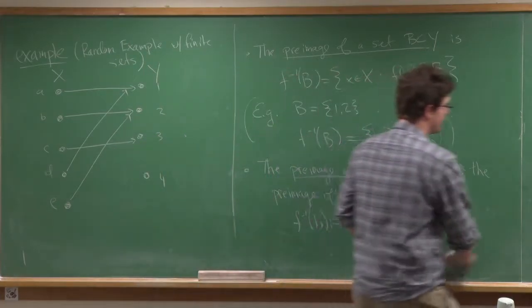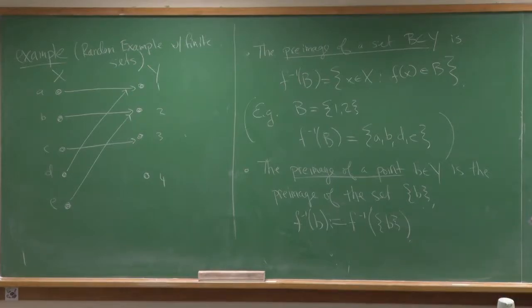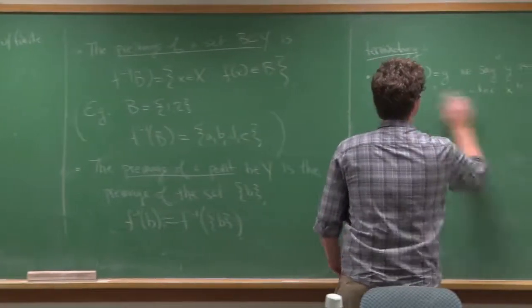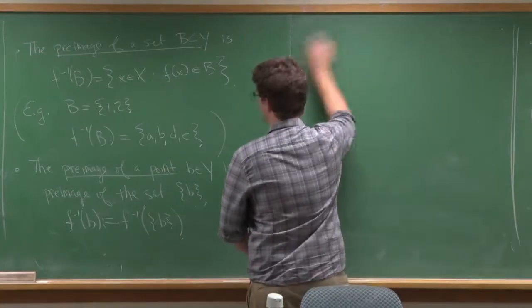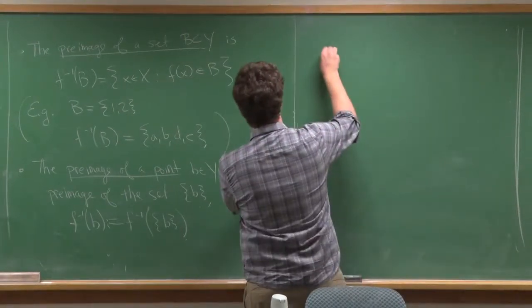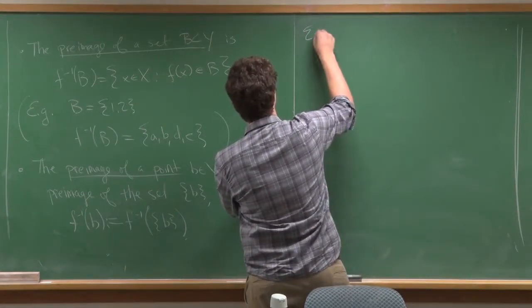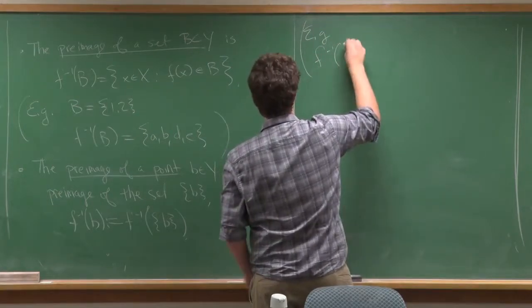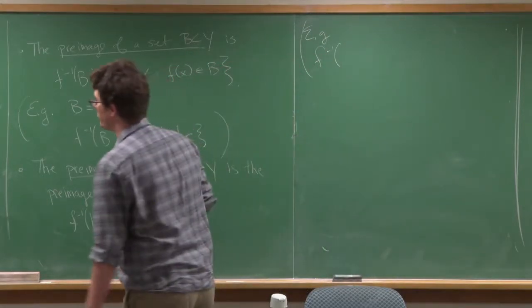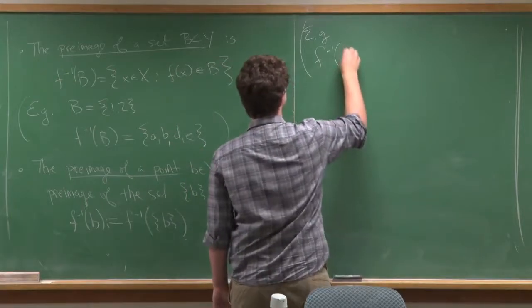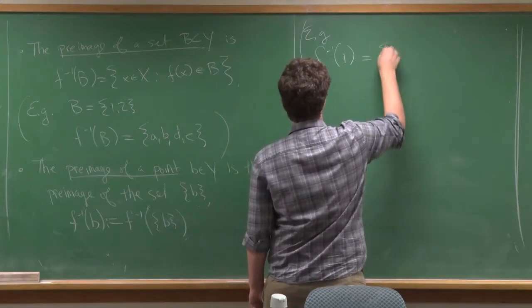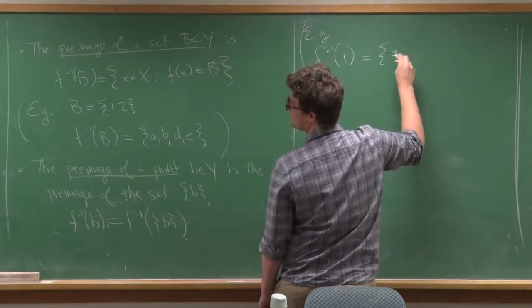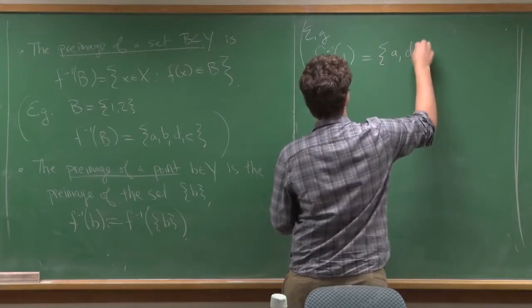So let's do an example of this one. So f inverse of, let's do the point 1, right? So this is just the points A, D here.